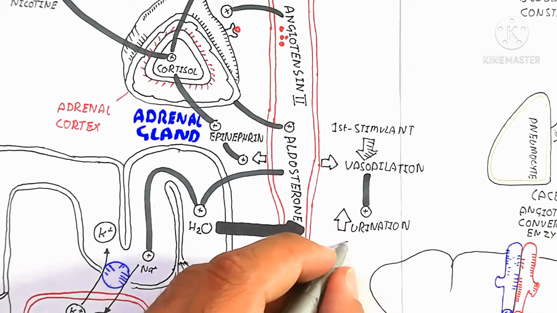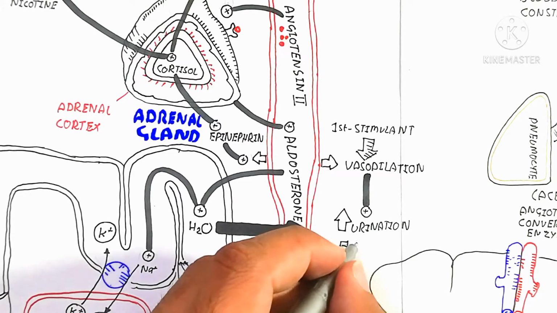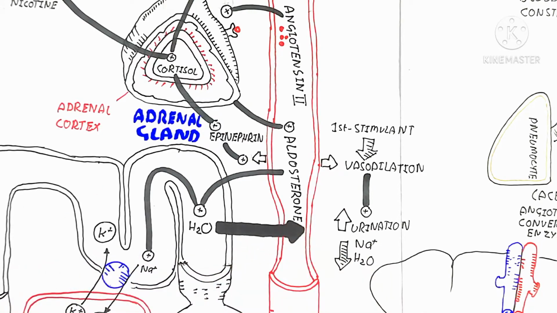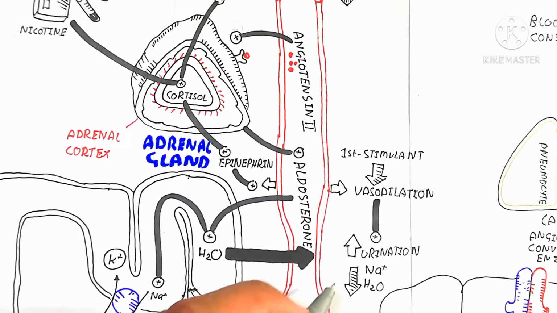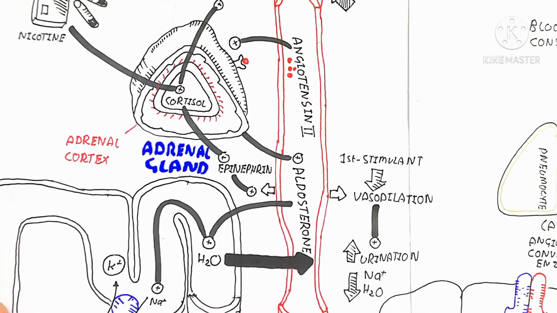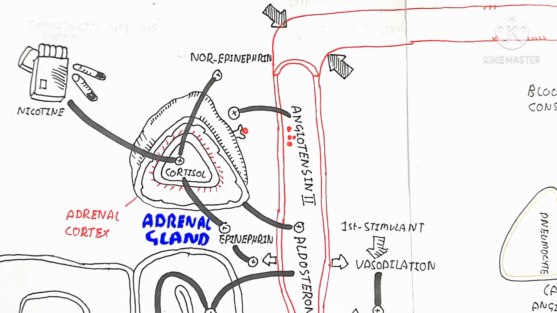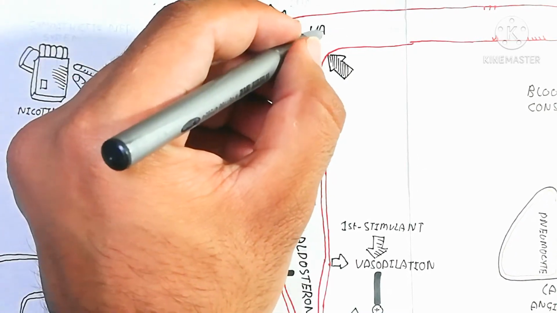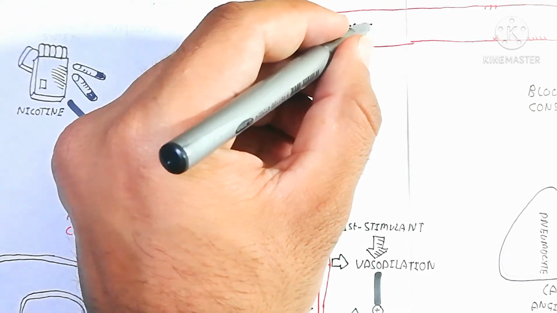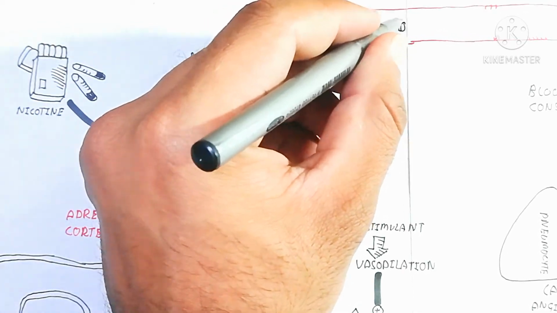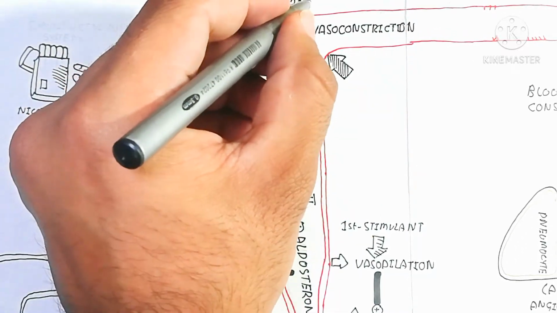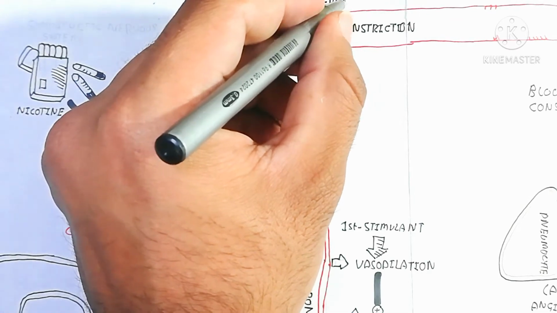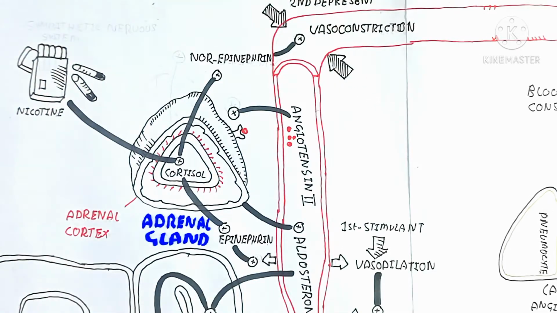So the fluctuation from the antagonistic work of nicotine in the sympathetic and parasympathetic nervous systems increases and decreases the blood pressure to allow more filtration. That's why more urination will occur, and sodium and water will be decreased.